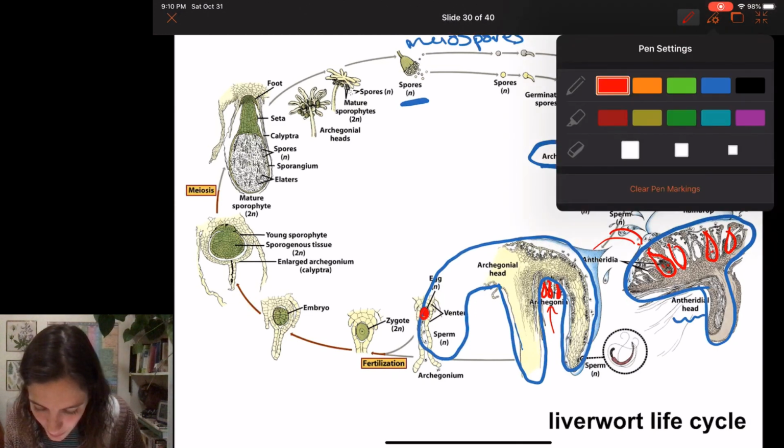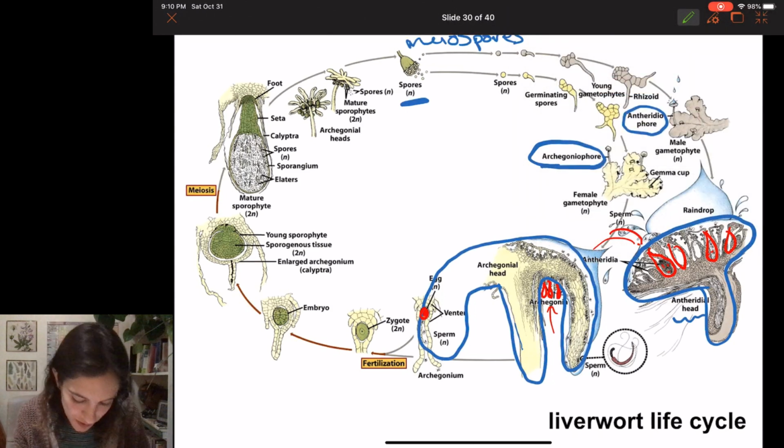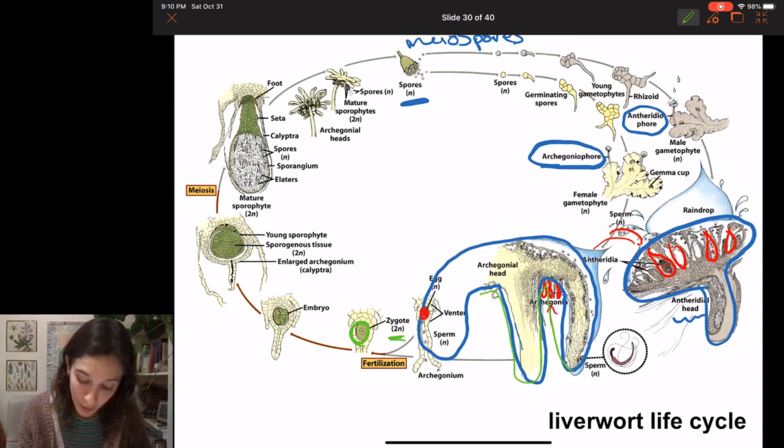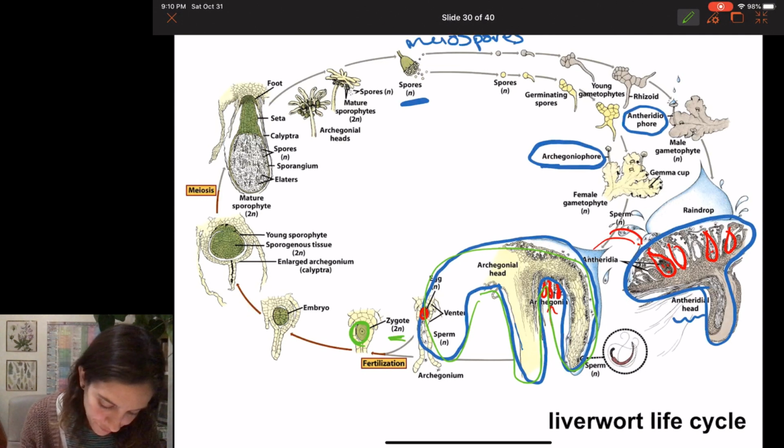So we've got this zygote, which is diploid, present on the archegonial head. That zygote is going to form a sporangium, a sporophyte.